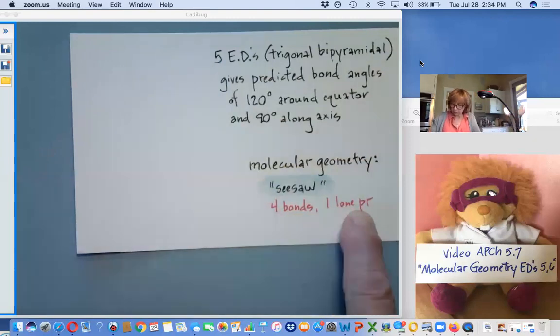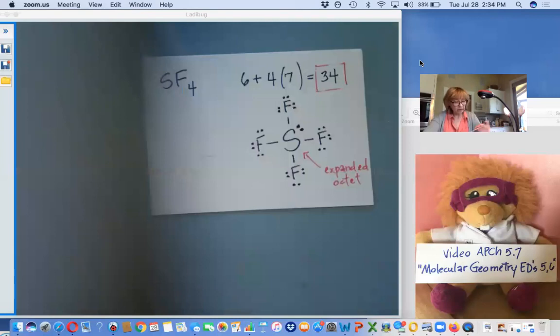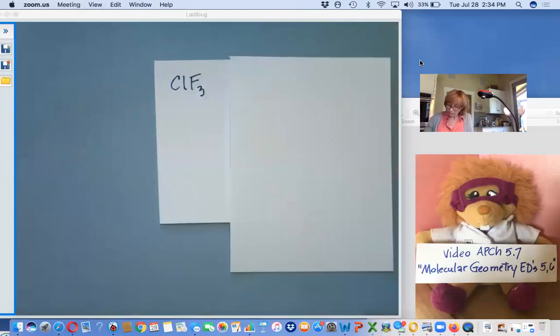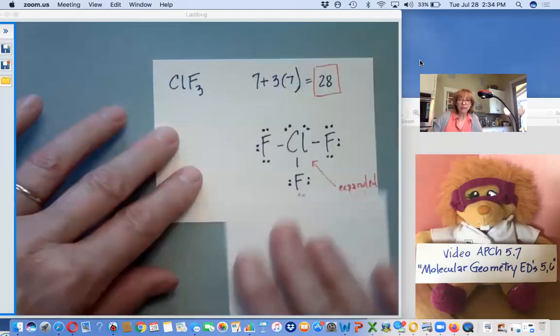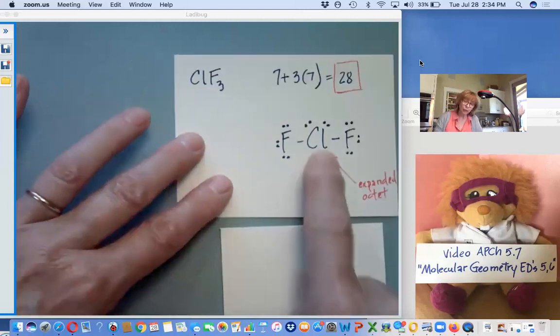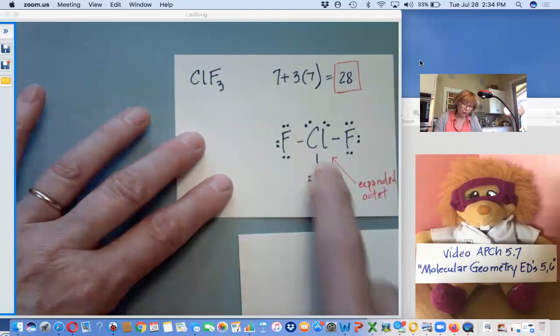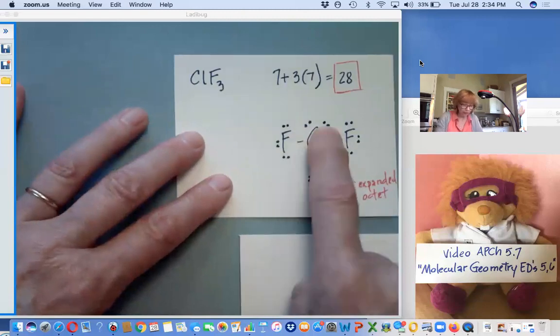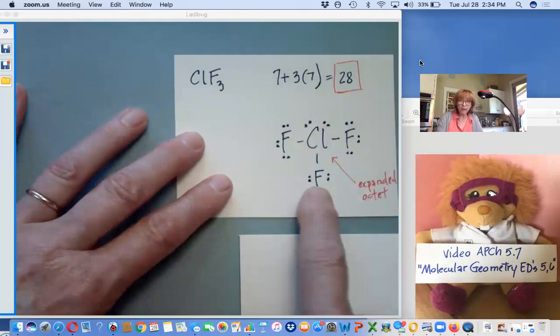Okay, the next one is chlorine trifluoride. So draw its electron dot diagram. And we have yet another example of an expanded octet on the central atom. Remember, guys, you can never put your leftover extra electron pairs on a peripheral atom. Always on the central.